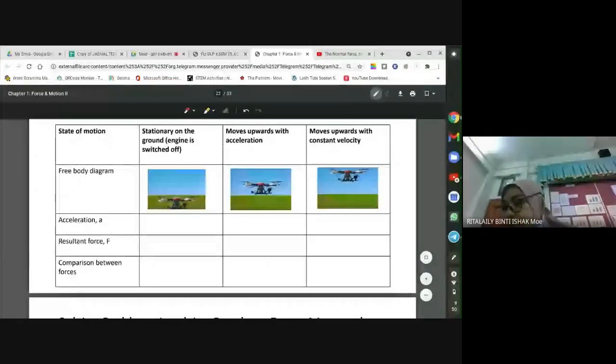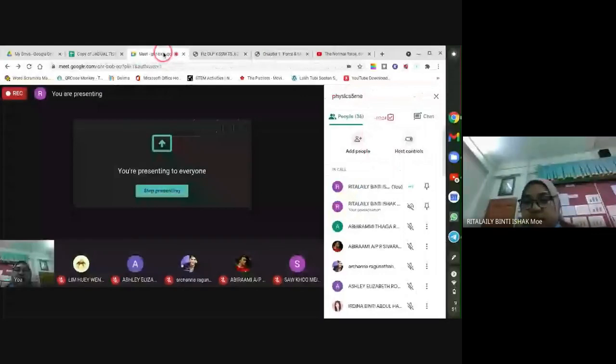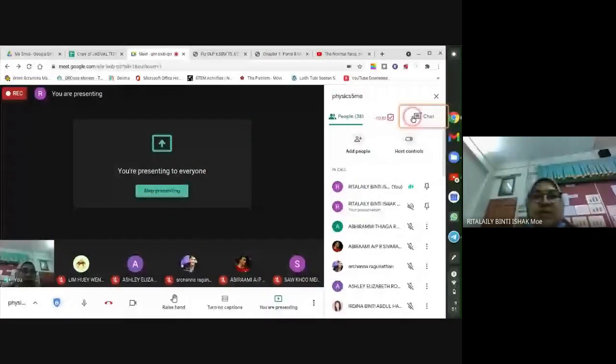Kavya, can you please state the situation for the first diagram? This is the first diagram, this is the second diagram, this is the third diagram. Kavya. Yes, Kavya? Can you switch on your mic?